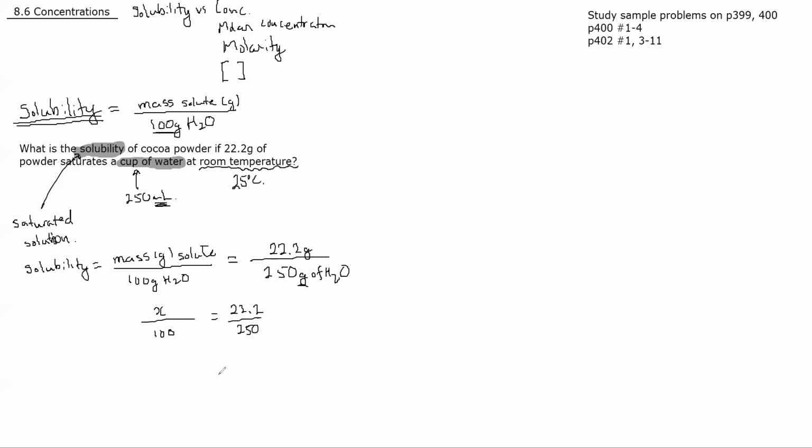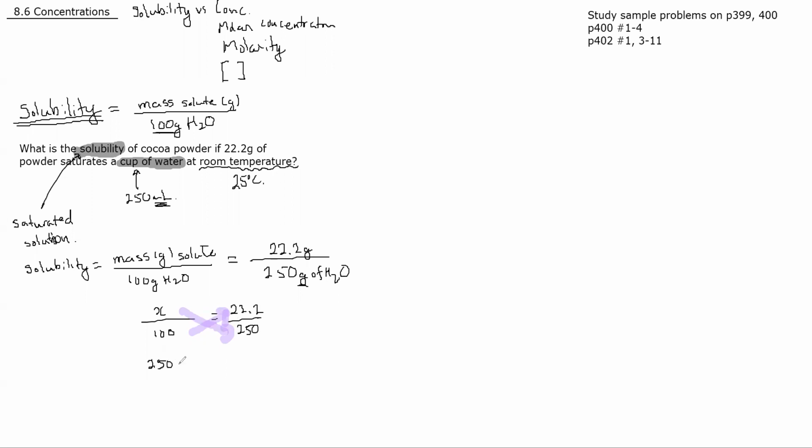Let's figure out what x is. I am going to do my little shortcut by cross multiplying. If you're not sure what that is or why it's an algebraic shortcut, well, you have fractions and have to get rid of the division by 100, so I'm multiplying both sides by 100. Division by 250, multiply both sides by 250.